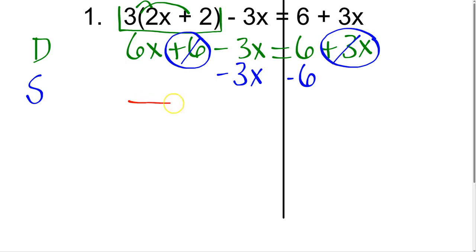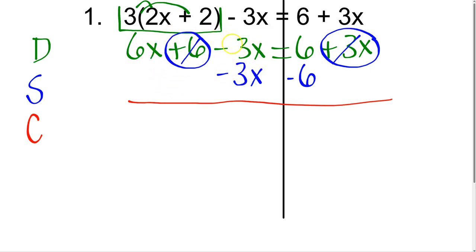All right, now our next step is going to be combine. C for combine like terms. So now we're combining. When we're combining, we don't change any signs. Right? They're on the same side. We can just put them together.